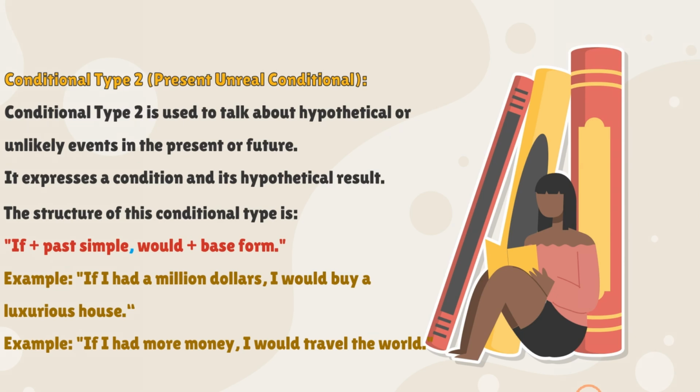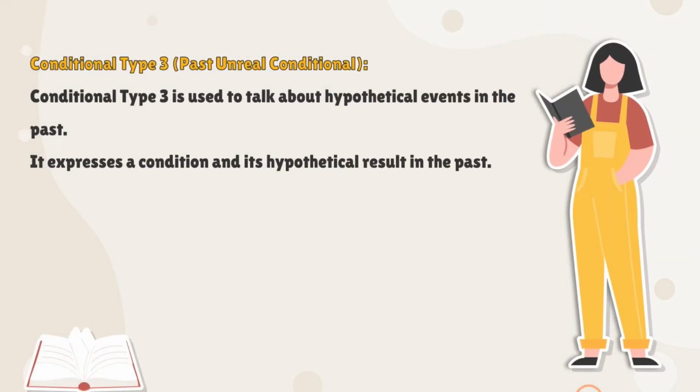The third conditional, conditional type 3, is used to talk about hypothetical events in the past. The difference between conditional type 2 and type 3 is that in conditional type 3, we talk about hypothetical events in the past, and in type 2, we talk about hypothetical events in the present or future.